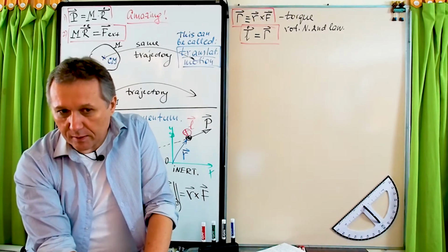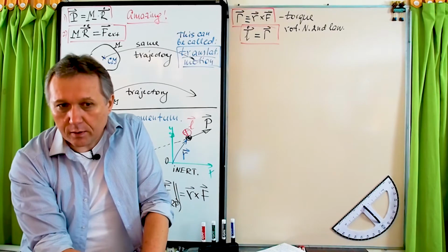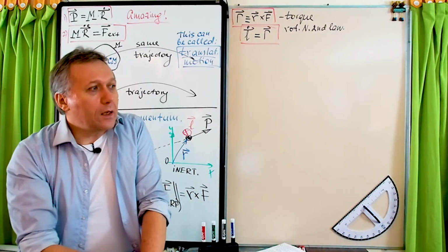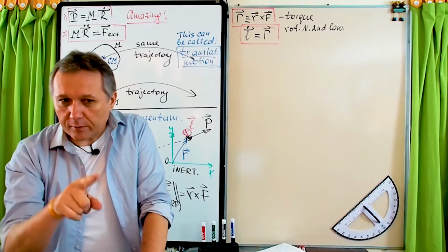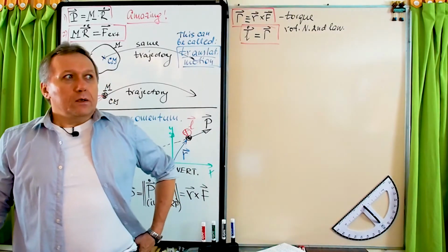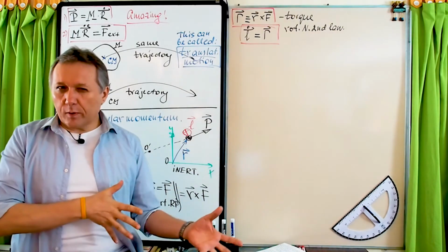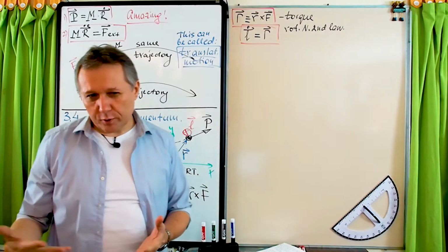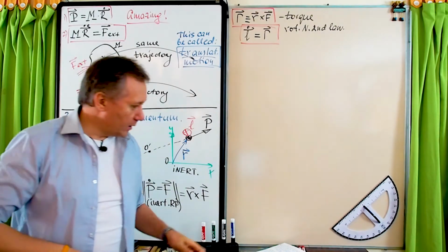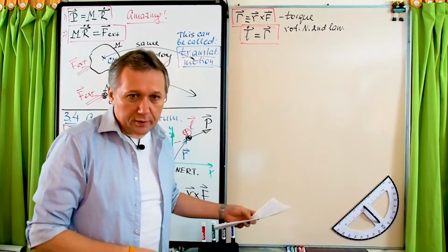So basically, areal velocity is constant. That's what we are going to prove now. And of course, the third law we will prove after the first law. It tells us that the square of the period is proportional to the cube of the semi-major axis, right? We will prove it maybe in a few weeks.